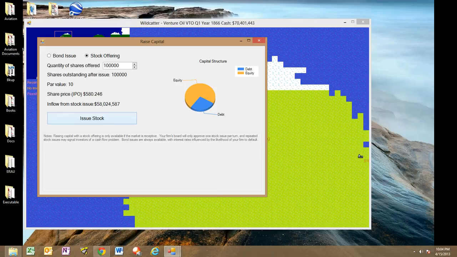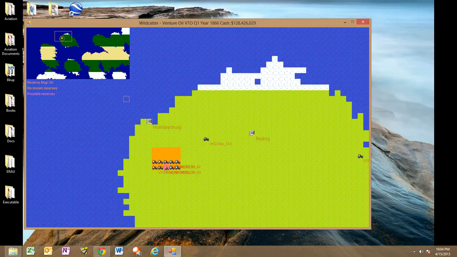The way the simulation prices a firm, it divides a smoothed net income value that incorporates net income from the past 5 years by the weighted average cost of capital minus the growth rate, and that gives the approximate market value of the equity. So right here I'm going to hit issue stock, and now we have issued stock.